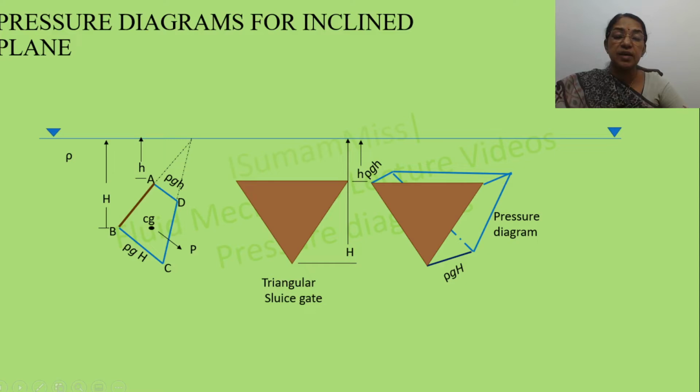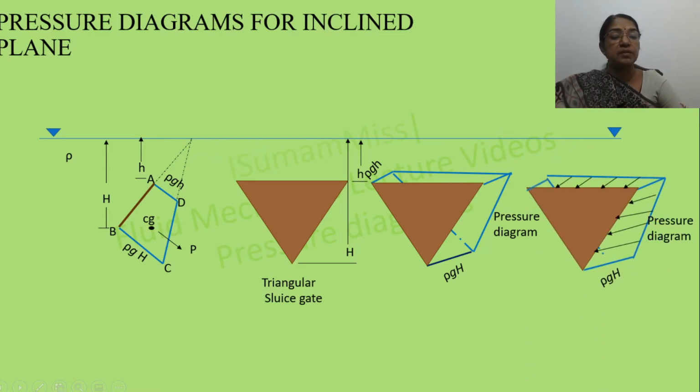So for this edge, the pressure diagram will be a trapezoid. If we are drawing the intensity of the pressure at various points, it will be normal to the surface. So its pressure diagram is represented like this. However, such diagrams do little more than provide assistance in visualizing the situation.